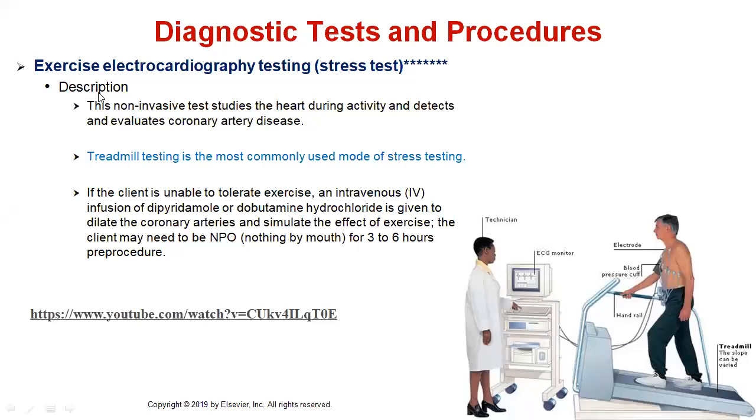The other one is called the exercise electrocardiographic test, or trace test. In this picture, you can see a man with the electrodes or EKG on, and he is walking on the treadmill, right?